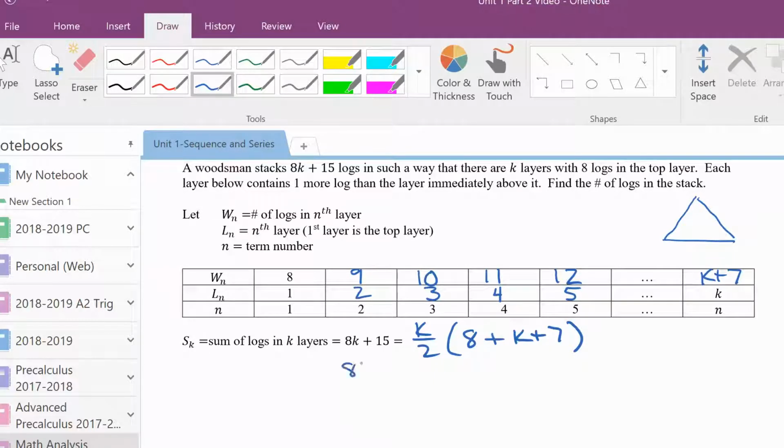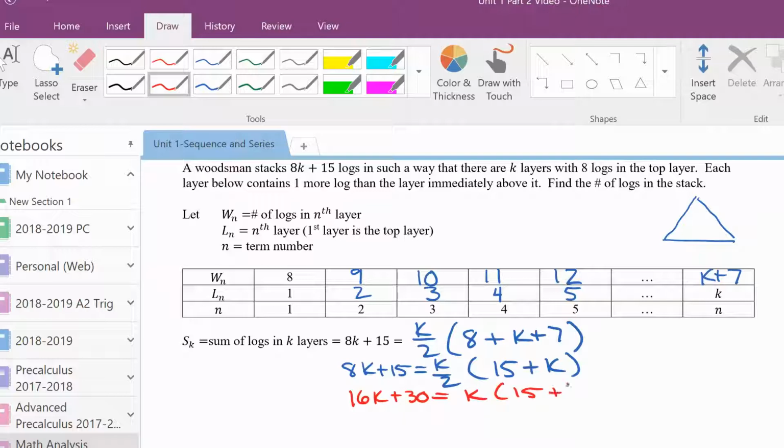So I'll combine like terms. Then I'll multiply by 2. So when you multiply by 2, you get 16k plus 30 equals k times 15 plus k. 16k plus 30 is equal to 15k plus k squared.